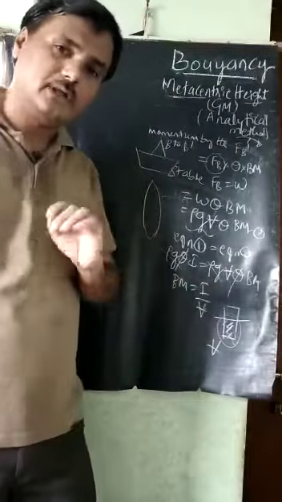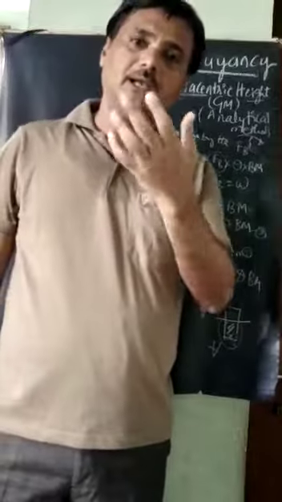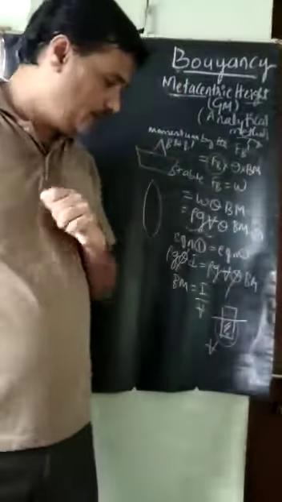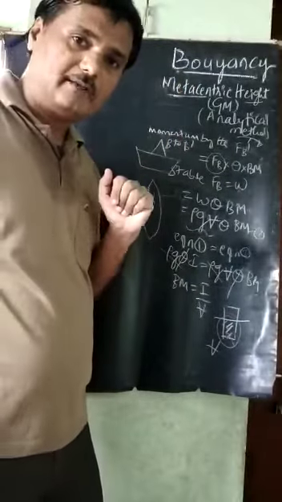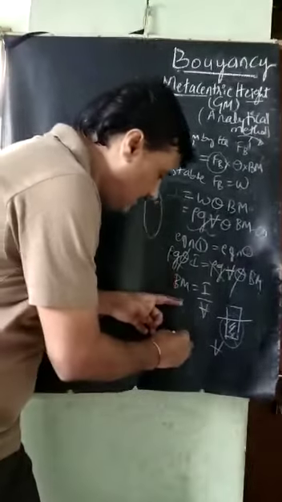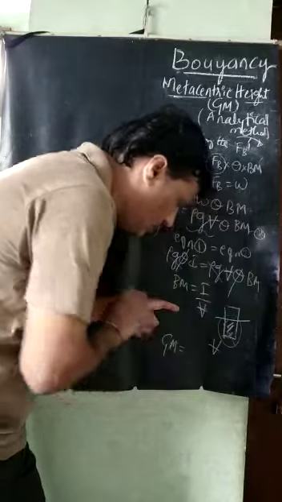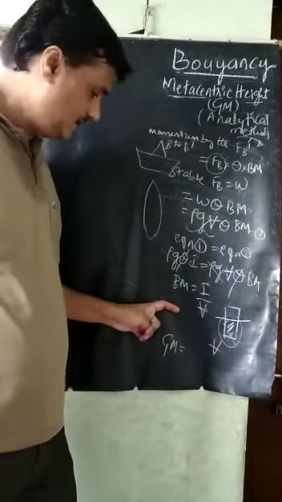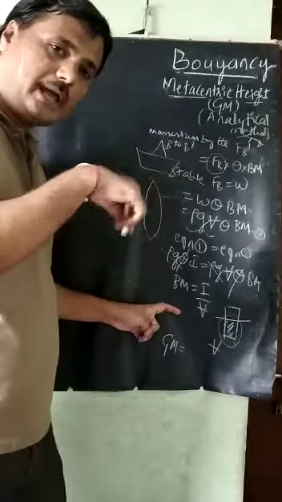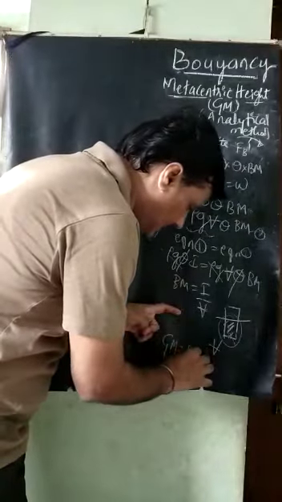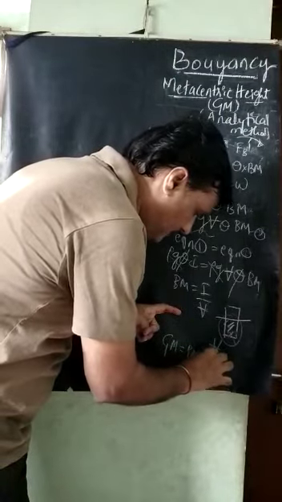Up to this we have derived. Next I will continue this derivation. From the figure we drew earlier, the metacentric height GM is equal to the total height BM minus BG.